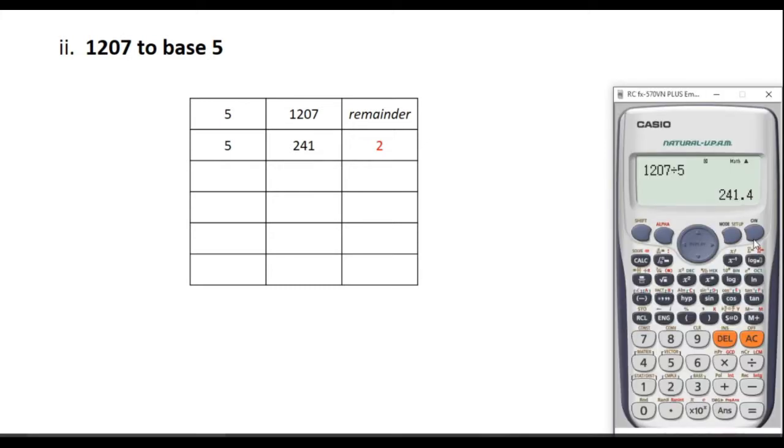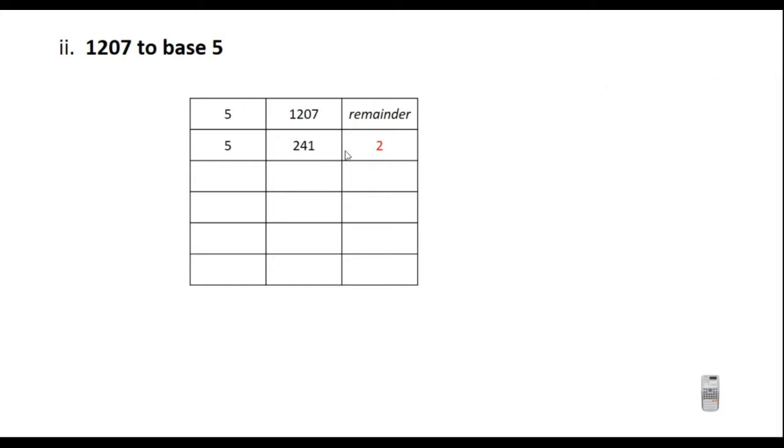Multiply 241 by 5, and we are getting 1205. If you subtract 1205 from 1207, you are getting 2. So 2 is the remainder.